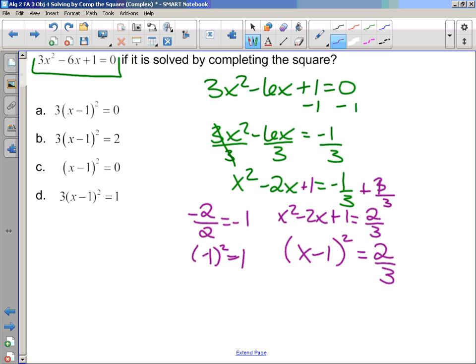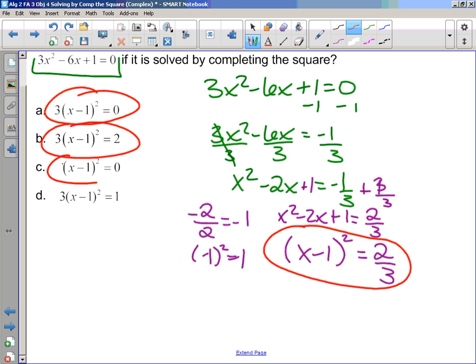Okay, and I'm going to pause. Here's why. Look at what I've got, and look at the way these answers look. It looks like whoever it was stopped where I've got the parentheses, so the x minus 1 squared.